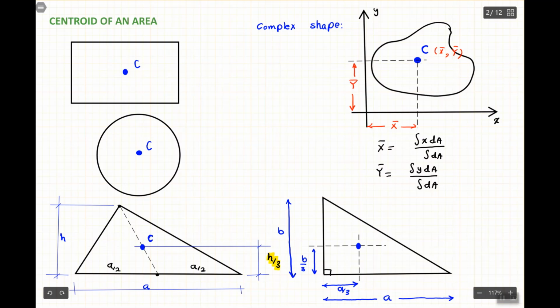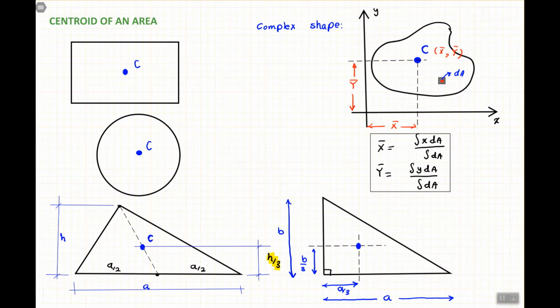And what it suggests basically is that this shape, you can break it down into small tiny elements, where each element has the area of dA. Because it's very small, you can claim that the center of each element is at the center of this small element. And then they prove that you can use this integral to find the centroid of this complex area.